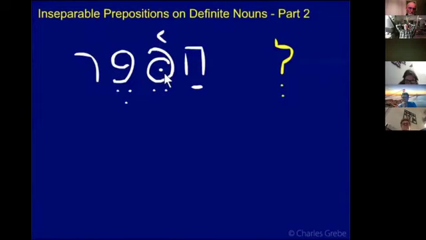All the vowels are retained from the article, whatever was going on here before. So, let's rewrite this here. So, ha sefer becomes la sefer, and I'll just replace this here, the color again, to emphasize that the only thing we've changed is the consonant.